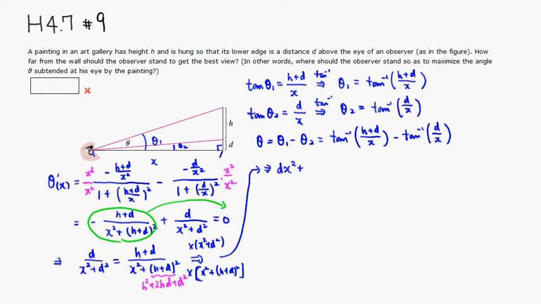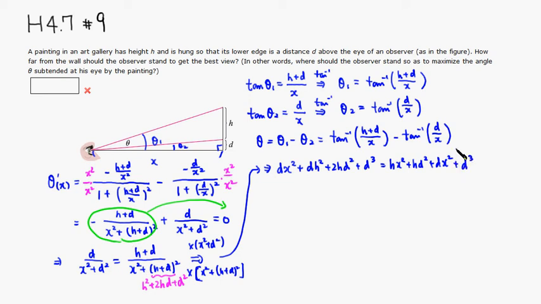So you get d h squared plus 2h d squared plus d cubed. Then multiply the other side: h x squared plus h d squared plus d x squared plus d cubed.